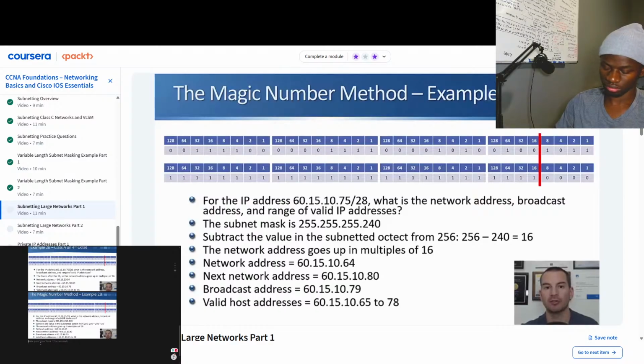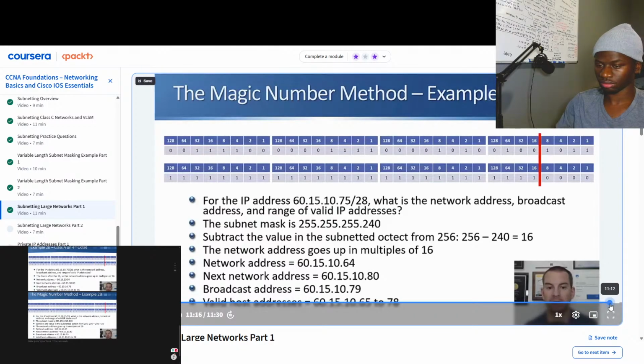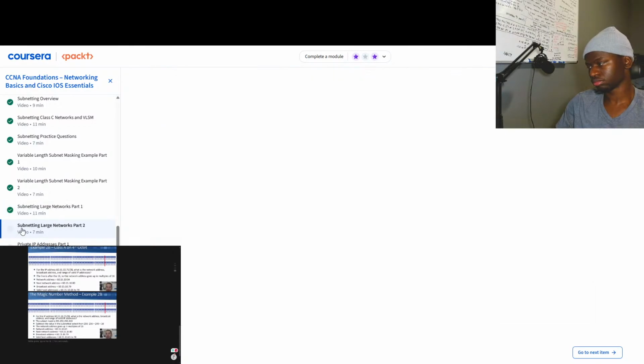So our example was a /28. And a /28, the subnet mask is going to be 255.255.255.240. We can figure that out by adding up the numbers. So a /28 is going to use the first 4 bits in the last octet.